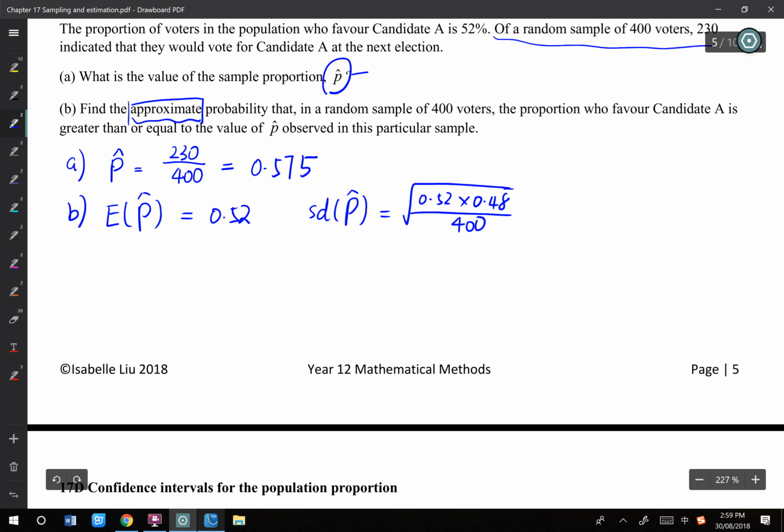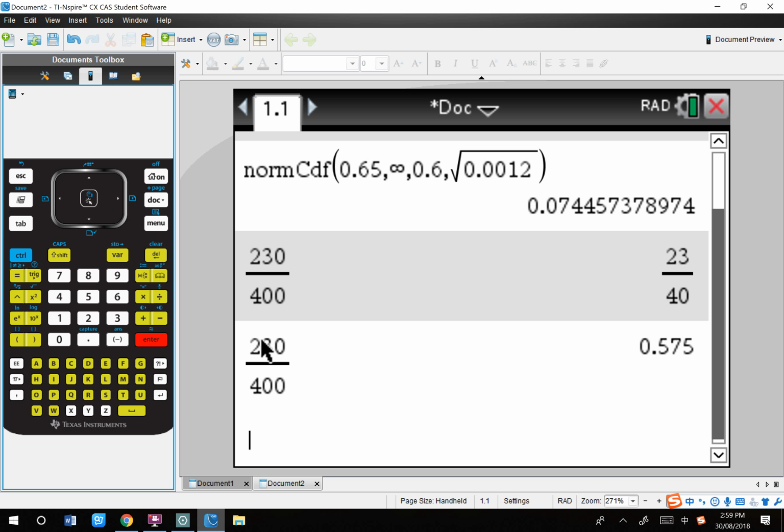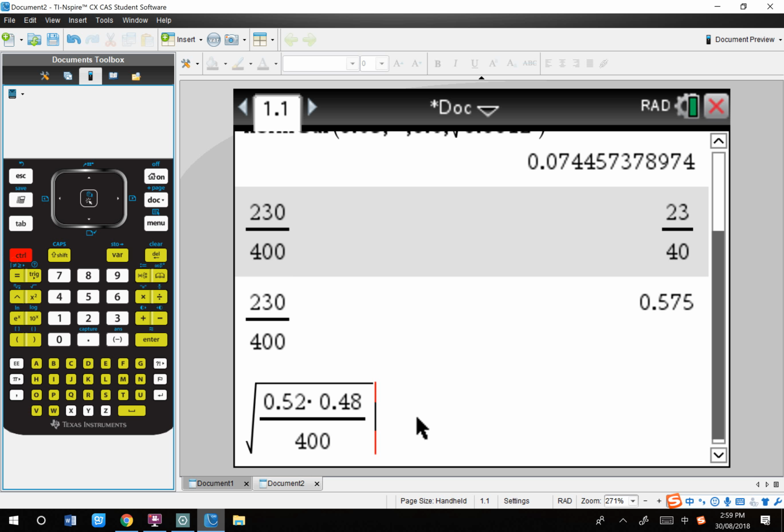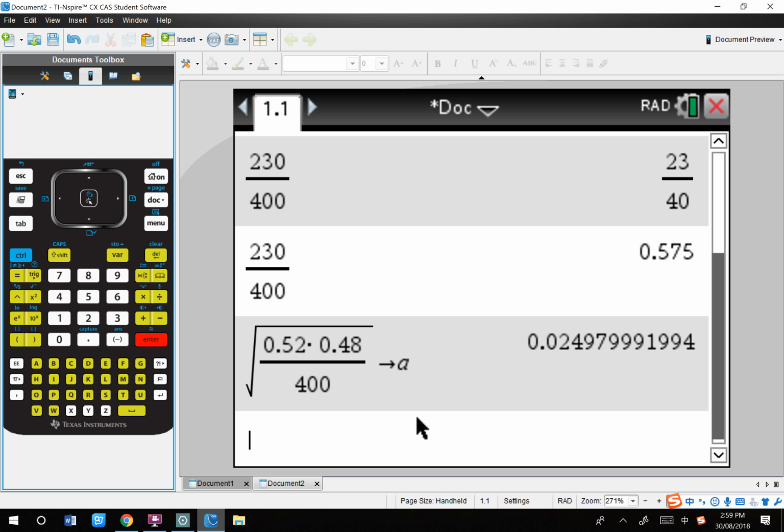I don't know what it is, I can just type that in. 0.52 times 0.48 divided by 400. Well, I'm not going to solve for it. Just define it as A. Okay, so let's say that's A.